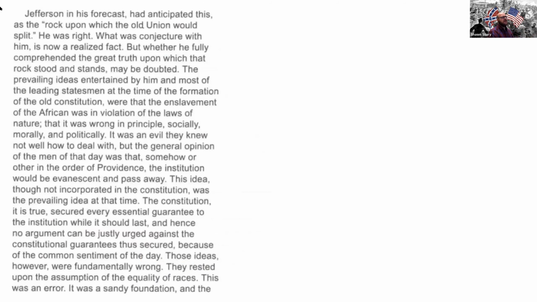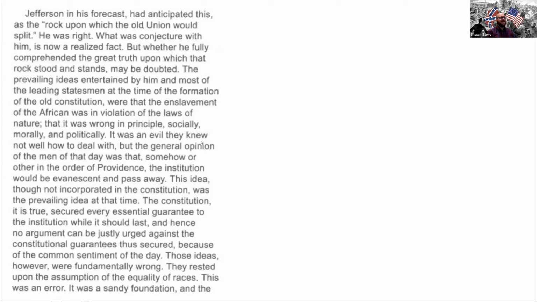Jefferson, in his forecast, had anticipated this as the rock upon which the old Union would split. He was right. What was conjectured with him is now a realized fact. But whether he fully comprehended the great truth upon which that rock stood and stands may be doubted.